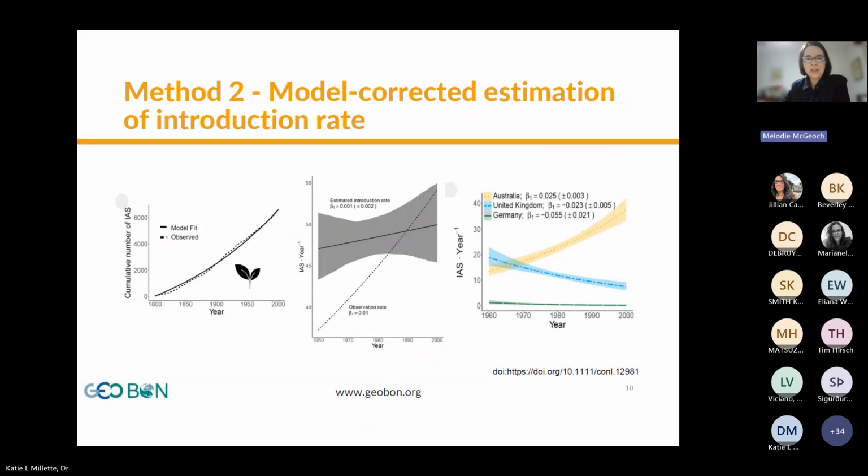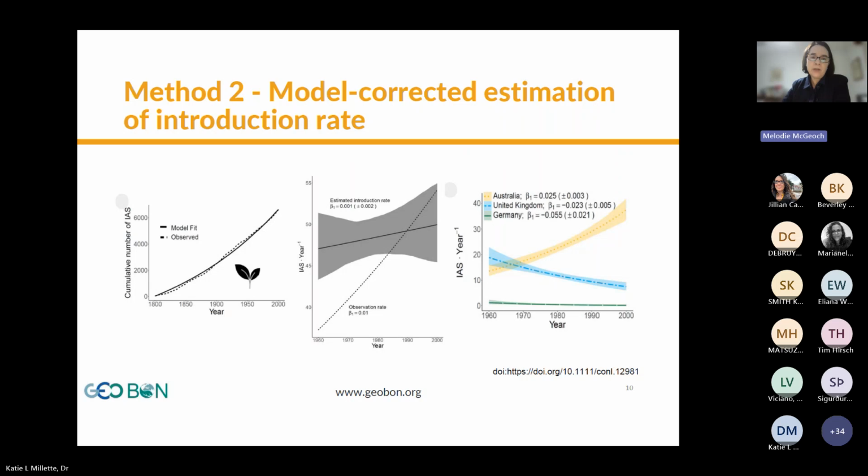So the first thing you can see is that the raw data, the observation rate, if you like, the naive model, is very different from the model-corrected rate of introduction.